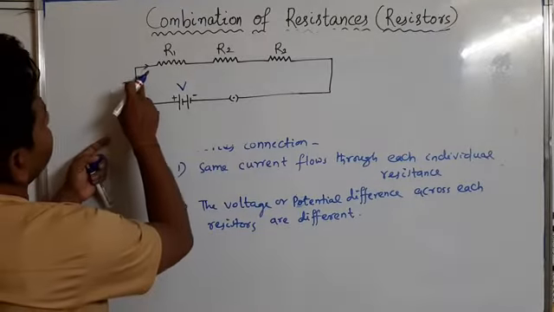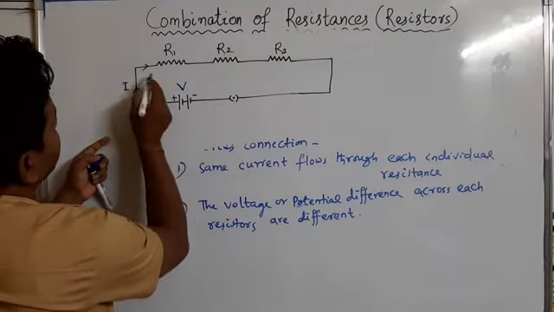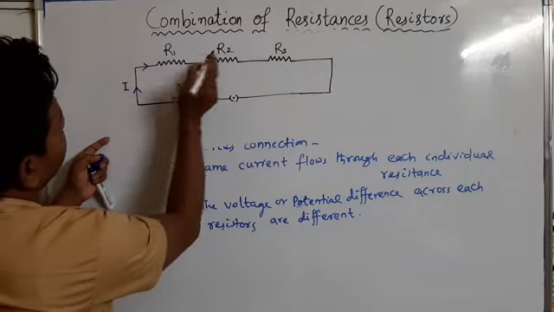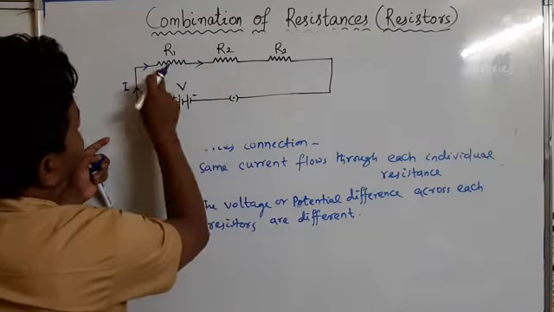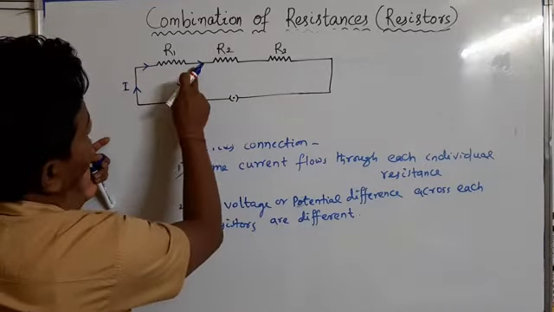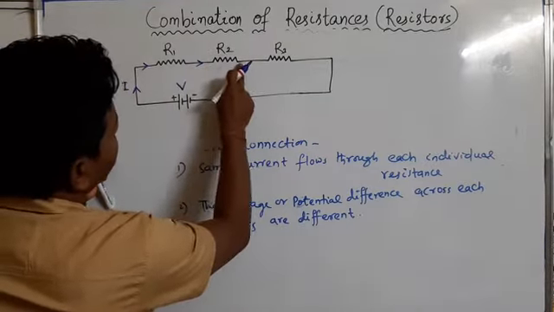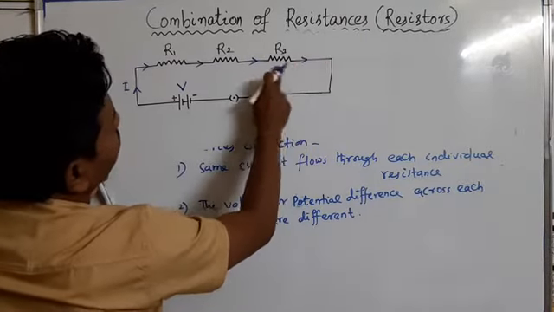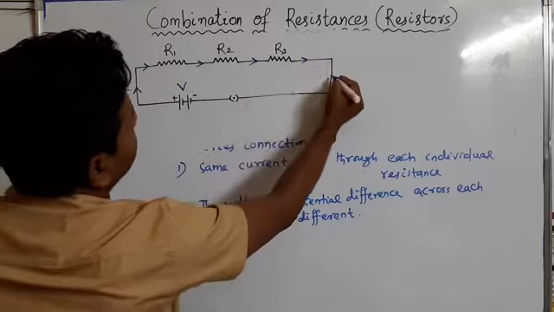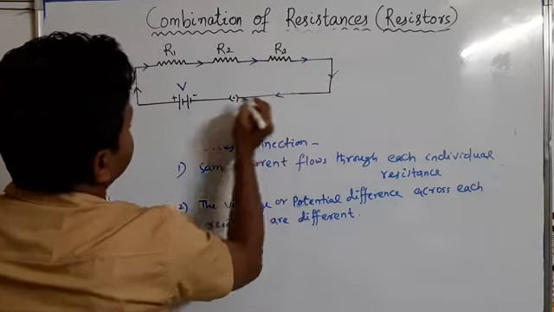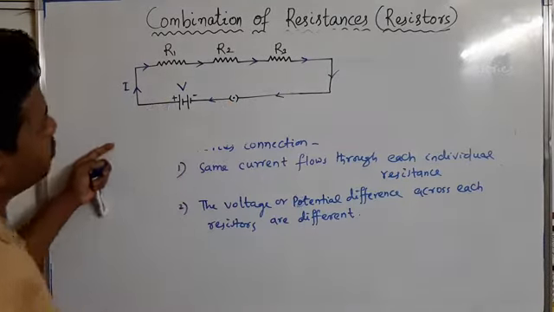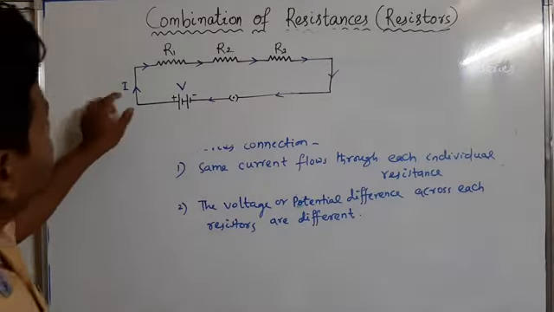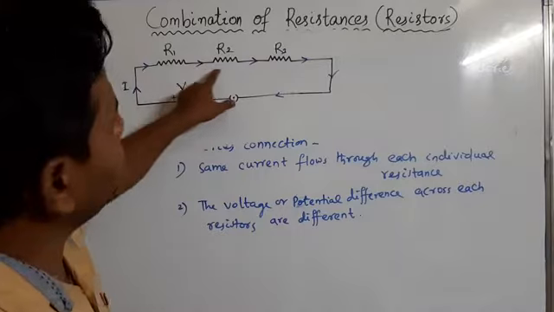If I amount of current is flowing, then in the circuit that amount of current will also flow through R1, and the same amount of current, that is I, also flows through R2. The same amount of current will also flow through R3, and then it will come to the negative terminal of the battery. You can see here the path of the current is only one.